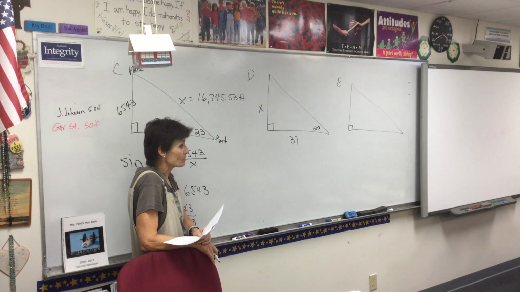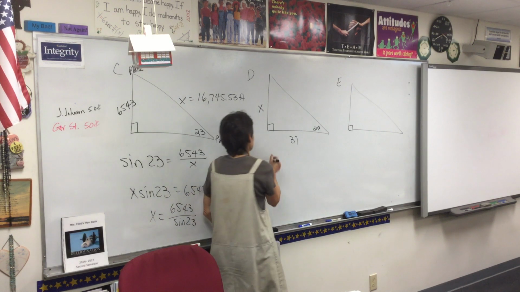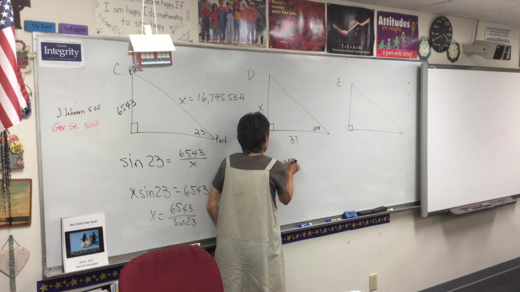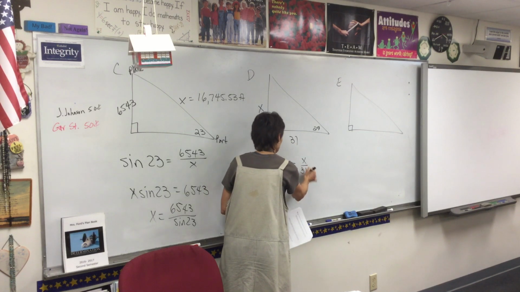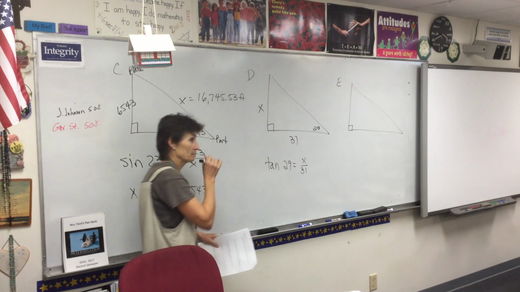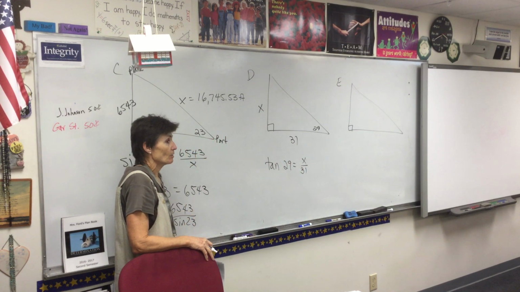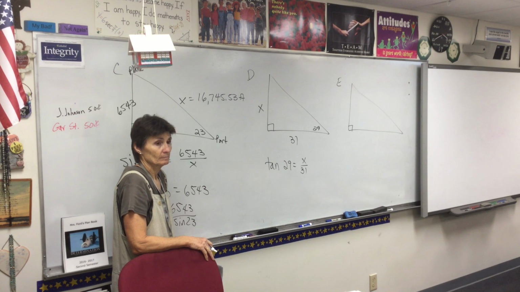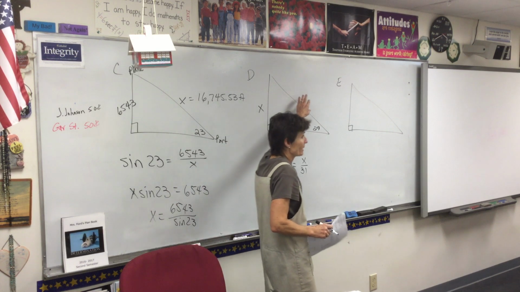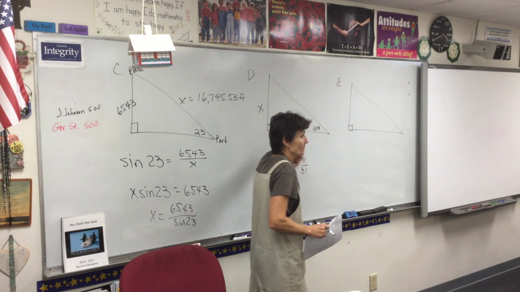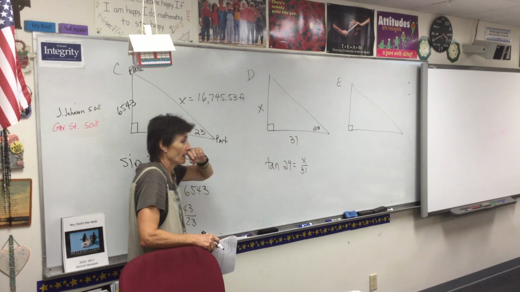All right, sine, cosine, or tangent? Tangent. Tan 29 equals x over 31, opposite over adjacent. If you don't have the hypotenuse labeled, it has to be tangent, right? Because everything else uses the hypotenuse.